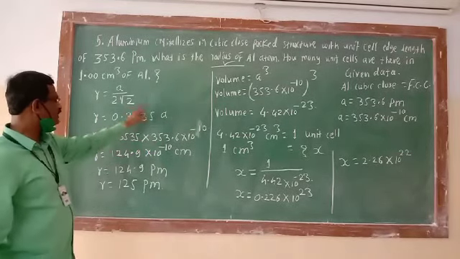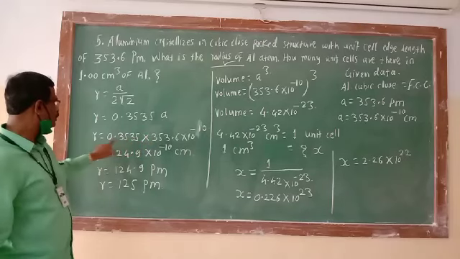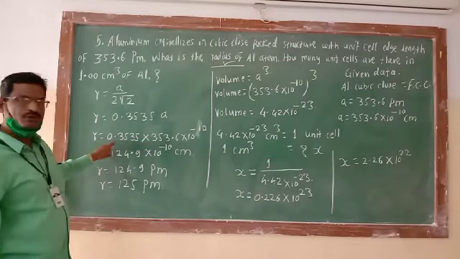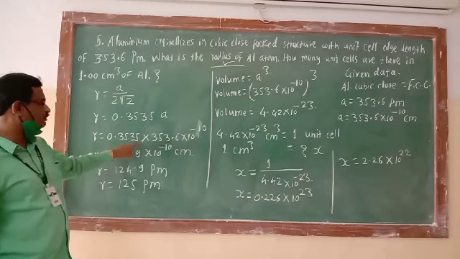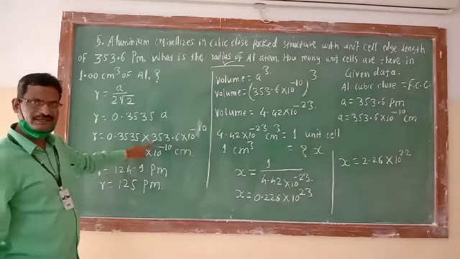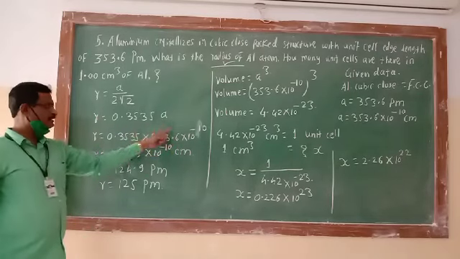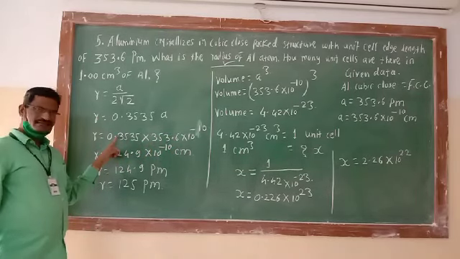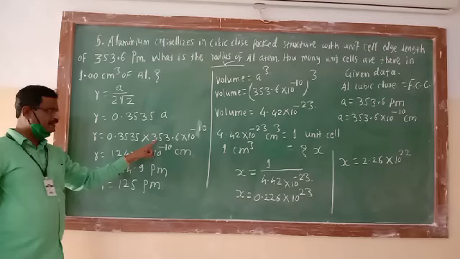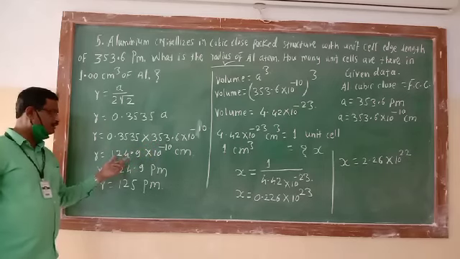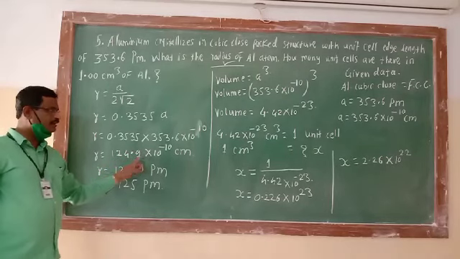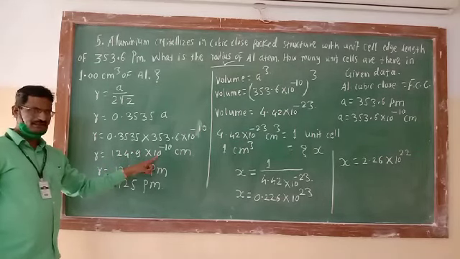So radius is equal to 0.3535 into 353.6 into 10 raised to minus 10. Simply it is solved: log of this term plus log of second term and then antilog. Answer comes equal to 124.9 into 10 raised to minus 10 centimeter.